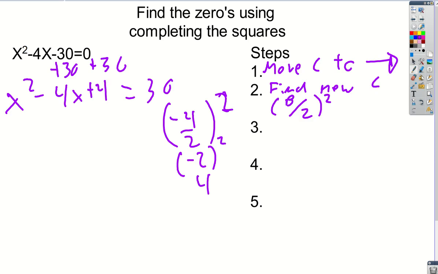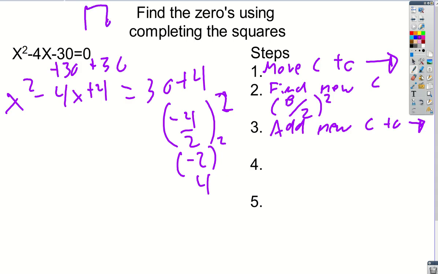So my step 3 is I have to add the new C to the right. Because I just added a random number to it, I have to add it to both sides so that it still is balanced. It's just like a scale.